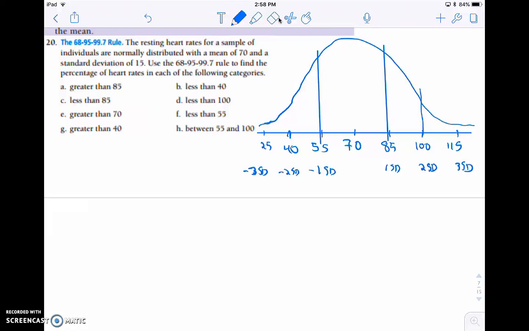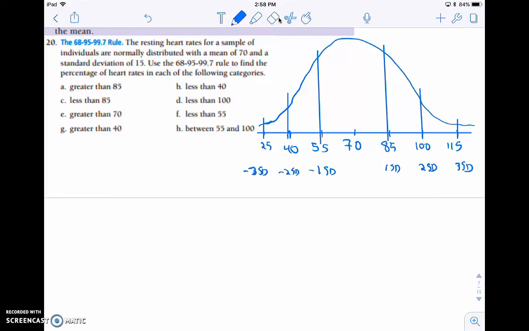And then 2 standard deviations out, that's to 100 and to 40. And that's 95% of the data between 40 and 100. And then at 115 and 25, between those two, you're 99.7% of your data.